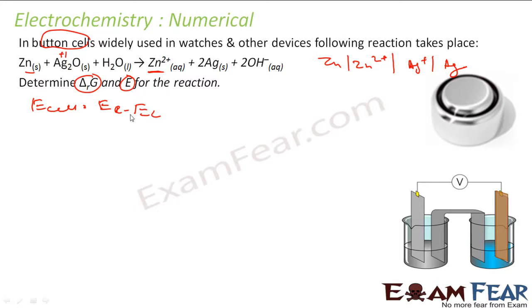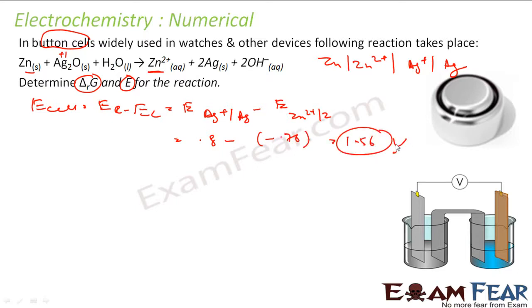So E right minus E left is nothing but the reduction of Ag+ to Ag minus the reduction of zinc ion to zinc. This is 0.8 and this is minus 0.76. So this is 1.56 volt.